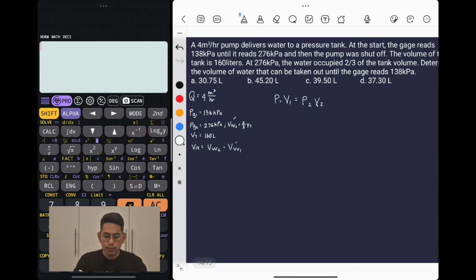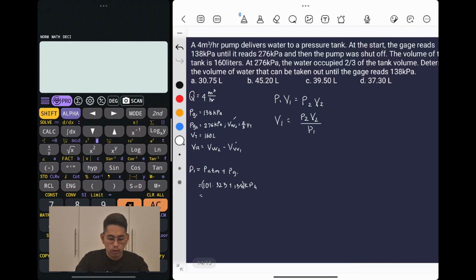To get VW1, it can come from V1. So in Boyle's law, let's derive it in terms of V1: P2 V2 all over P1. Let's solve that first. If you notice, the given is gauge pressure, so we first need to get the absolute pressure. For P1, it is equal to P atmosphere plus P gauge, which equals 101.325 plus 138 kPa.